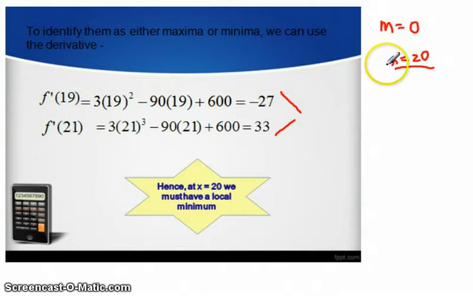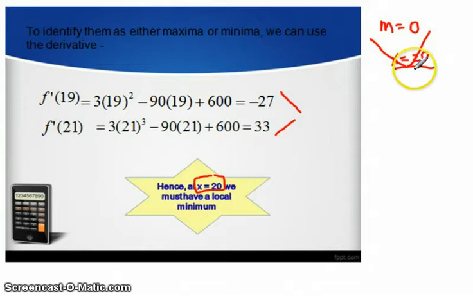So I will be from here going to 20, and then after 20, going to 21, it should be increasing. So that means that 20 is over here. That means that 20 is your minimum. To interpret it again, when your x is 20, that means that 20 is your local minimum. It's the lowest in your function.